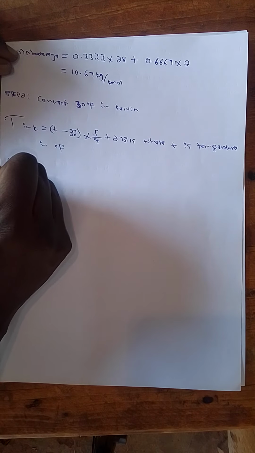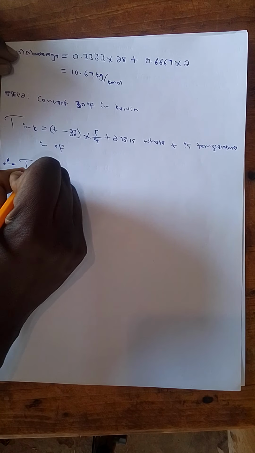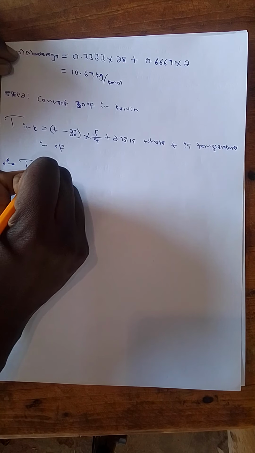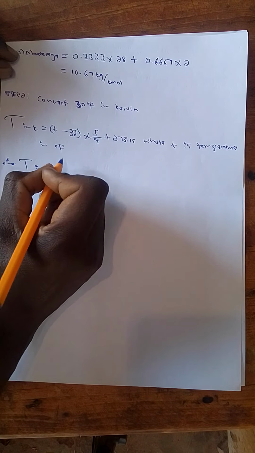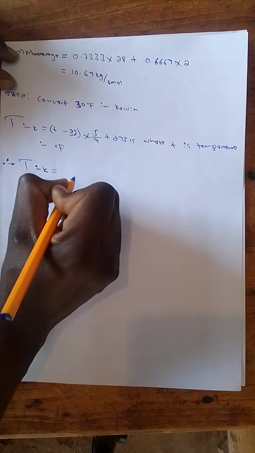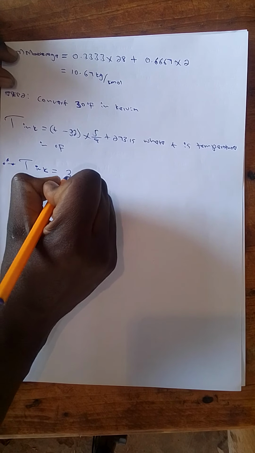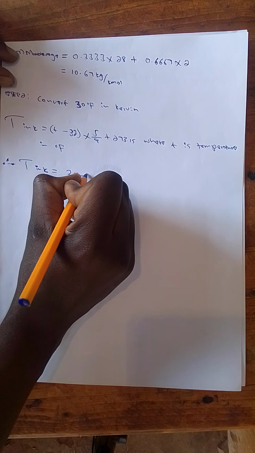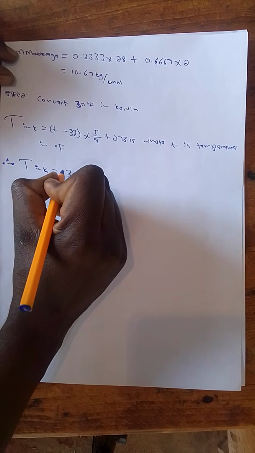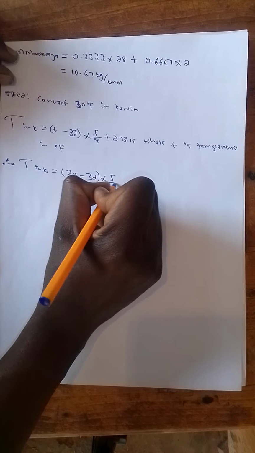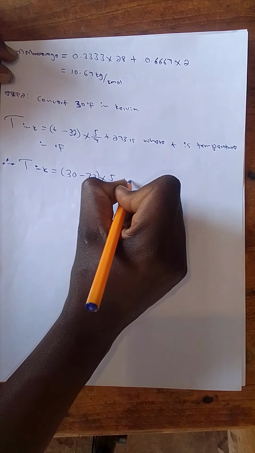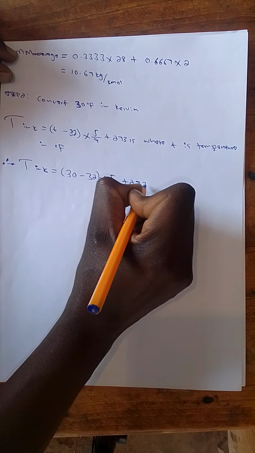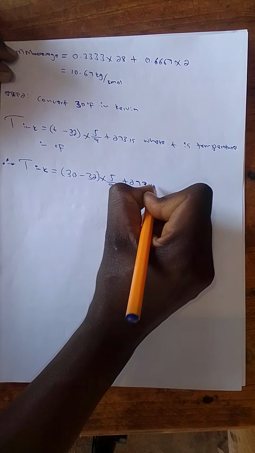So with that said, therefore, T in Kelvin is equal to, T here is 30, so 30 minus 32, multiplied by 5/9 plus 273.15.